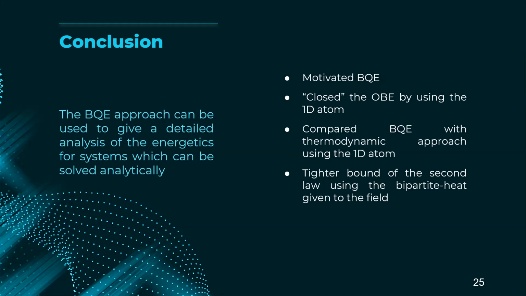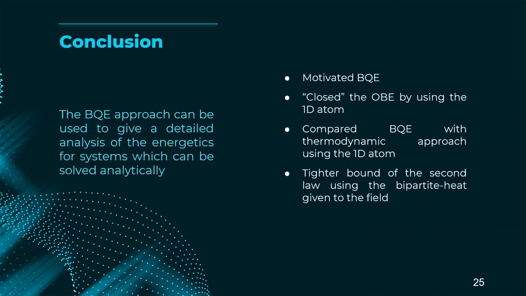We compared BQE with the 1D atom and saw that there is a self-work term, and a change of internal energy definition that leads to differences in the energetic quantities. We also saw that with the bipartite definitions of heat and work, we get a tighter bound on the change of von Neumann entropy of the qubit.